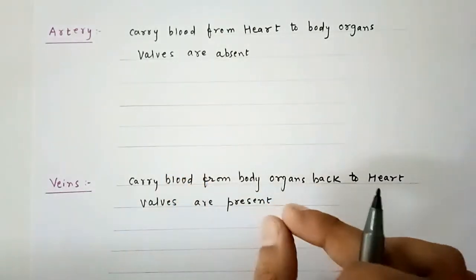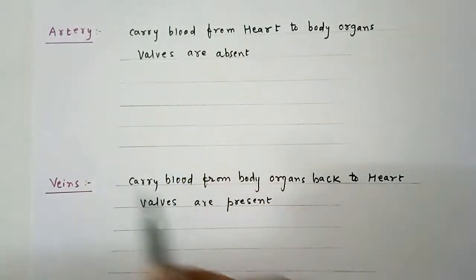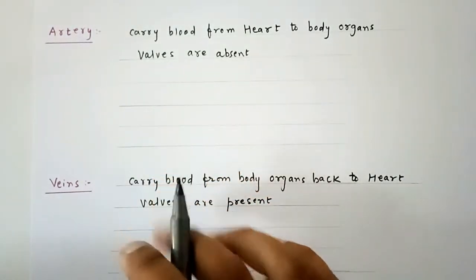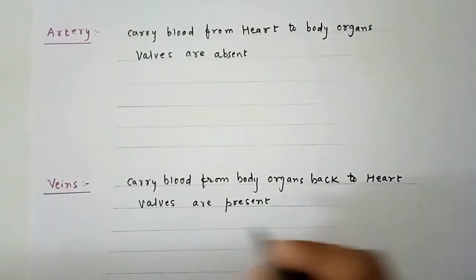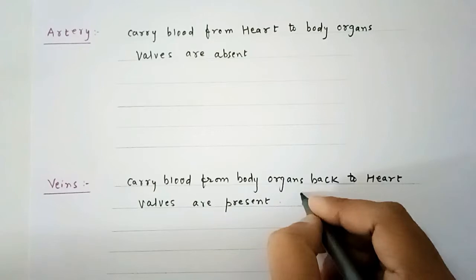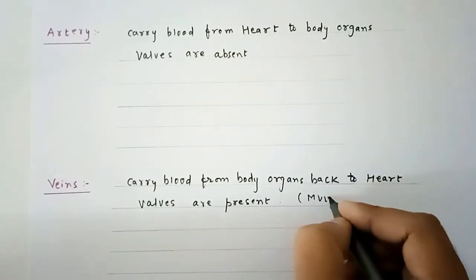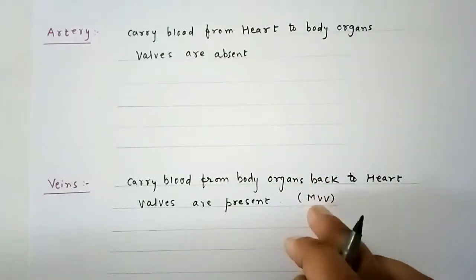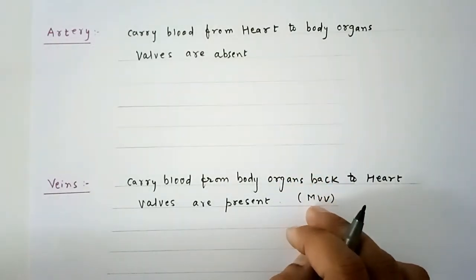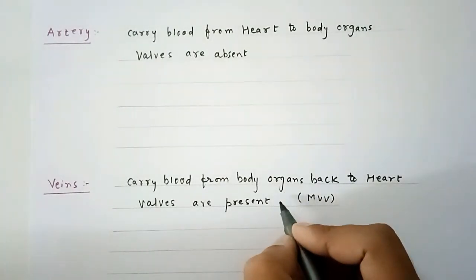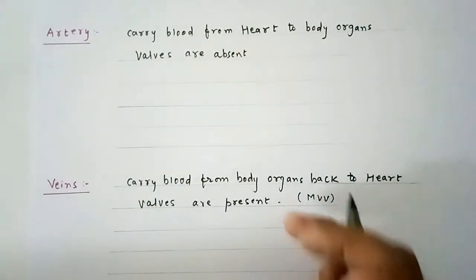We know that capillaries join together to form venules, and venules join together to form veins. Some of the discussions say that there is presence of MMVs, microscopic venous valves, in capillaries as well as venules, but this is still debatable. We don't exactly know about the presence of valves over here, but some of the papers do say that.